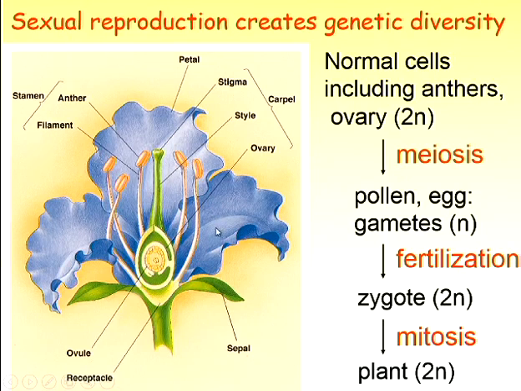Depending on the plant species, sometimes plants can have self-fertilization, sometimes they have mechanisms to avoid it. So in that case, if they cannot fertilize themselves, that creates even bigger diversity, if they can only fertilize another individual.